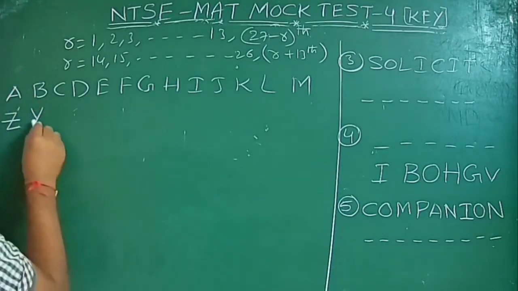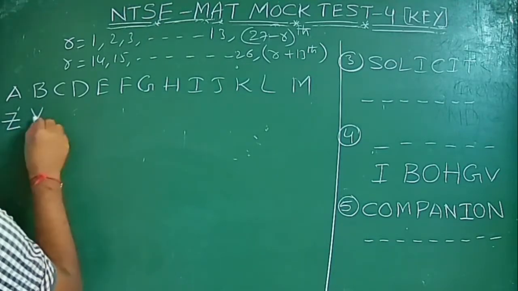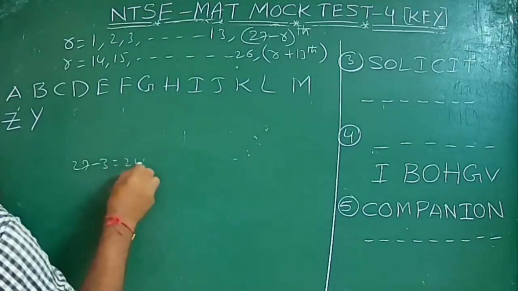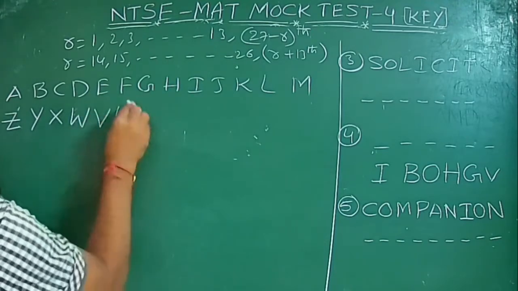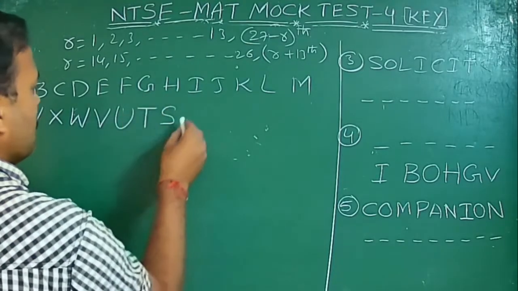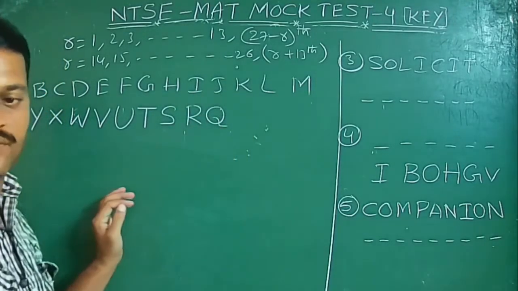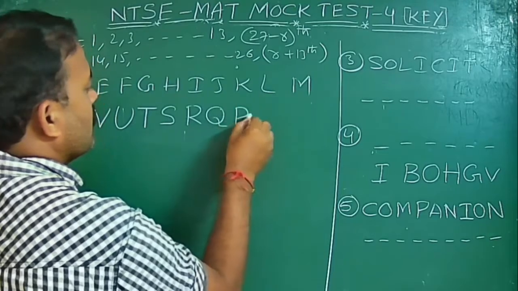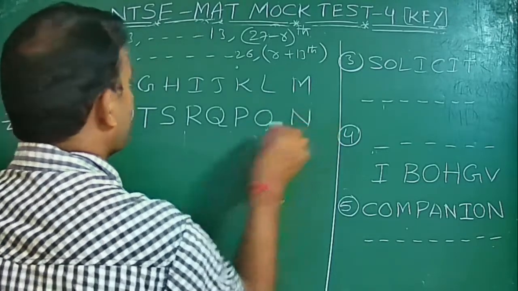Then next, 27 minus 3 is 24, which means X. So next W will come, next V, next U, next T. Similarly S, 19, 18 is R, and 17 is Q, and next 16 is P, 15 is O, and 14 is N. Okay, so these are the letters.